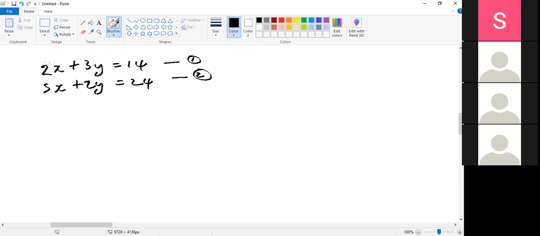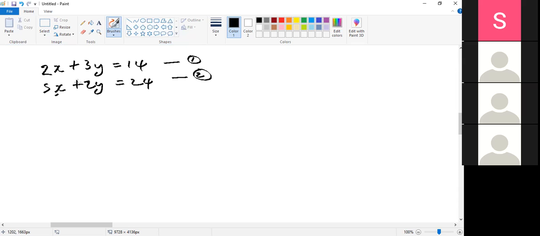Similarly on this side, if you get this to be 10 and here to be 10, you could eliminate x by multiplying the top by 5 and equation 2 by 2, so that you can subtract one from the other.